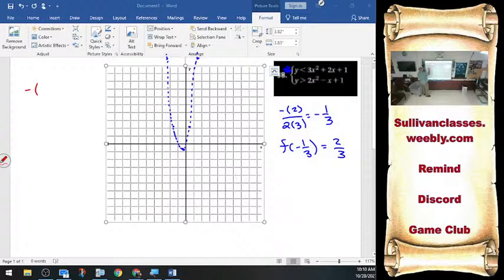Then do the same thing for the other. Negative b over 2a is a positive 1/4. Plug in 1/4. 1/4 squared, 1/16 times 2, 1/8. 1/8 minus 1/4 is negative 1/8 plus 1 is 7/8, question mark.